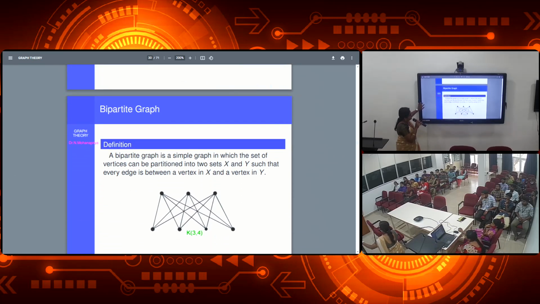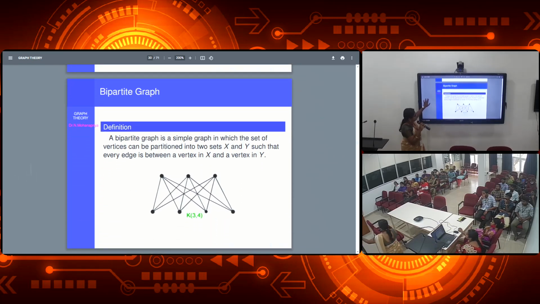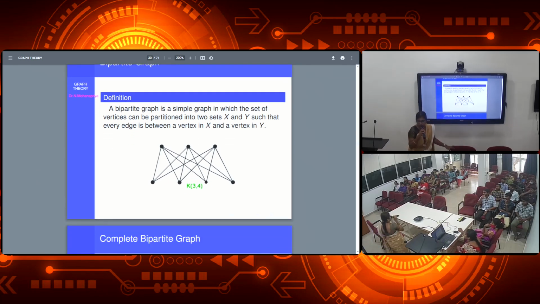Bipartite graph. First of all, a bipartite graph should be a simple graph. You all know what a simple graph is? No multiple edges and loops, right? So a bipartite graph, first of all, is a simple graph. First we have to partition the vertex set into two sets, right? So X set and Y set. Here I have taken 7 vertices.